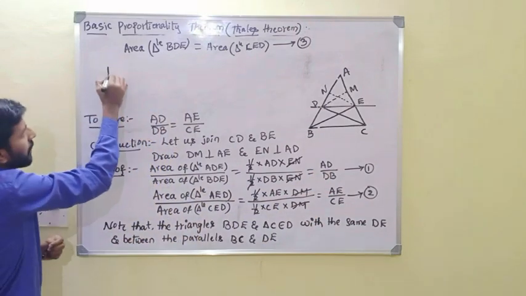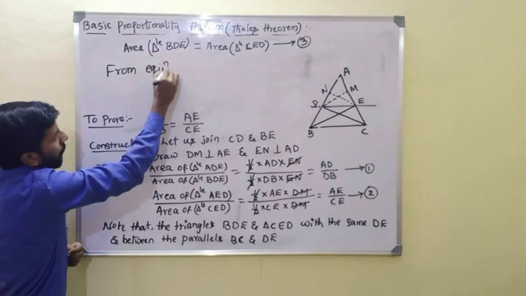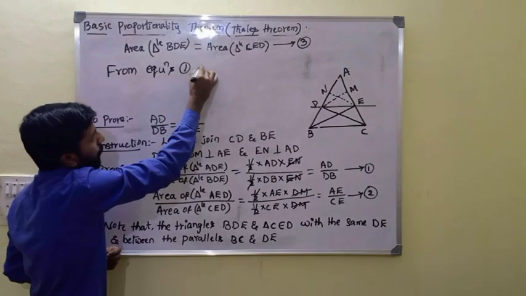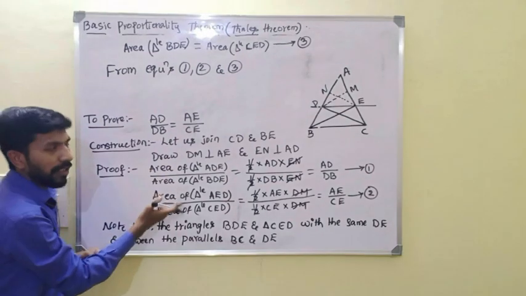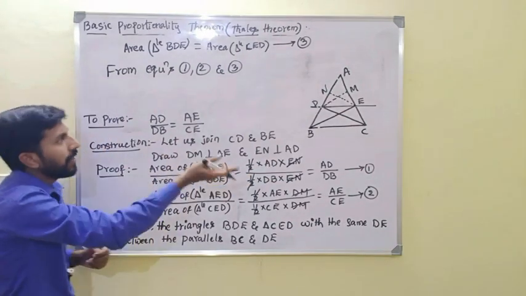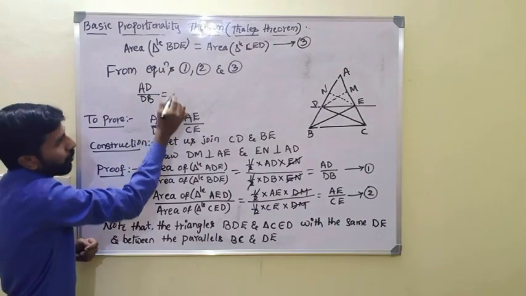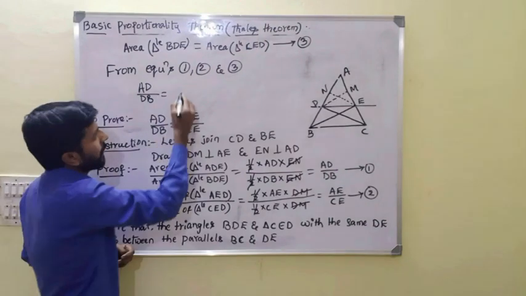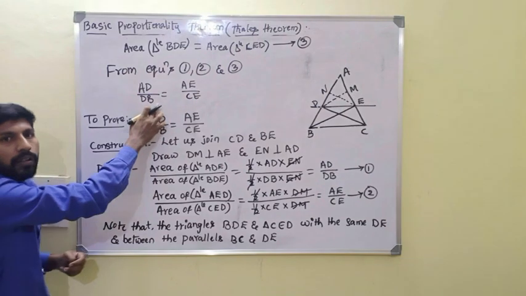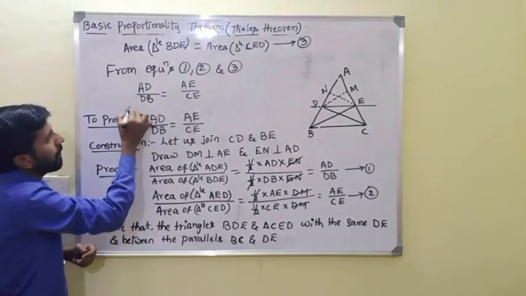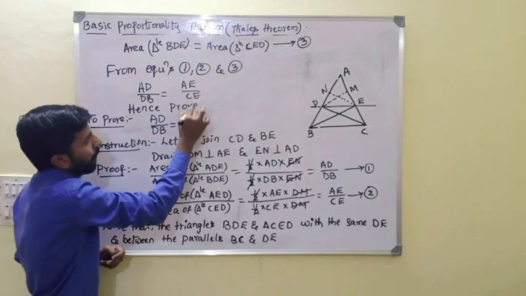So from equations 1, 2 and 3, since the left hand sides are equal, the right hand sides are equal. That is, AD by DB equals AE by CE. So this is what we had to prove. Hence proved.